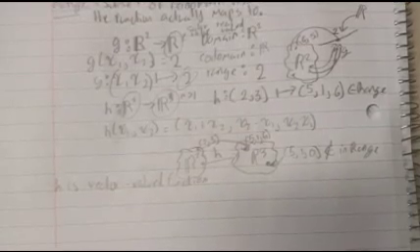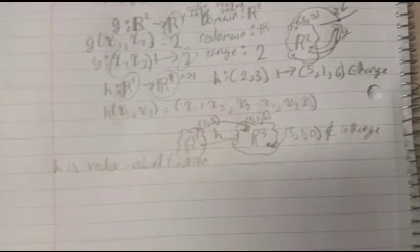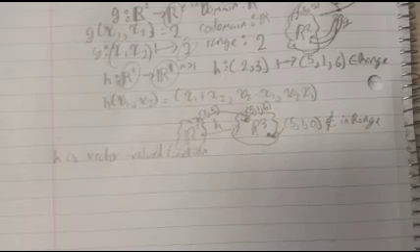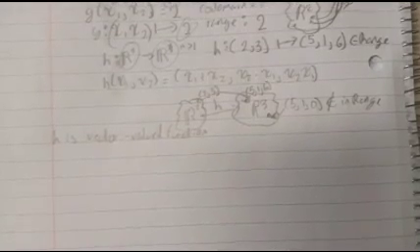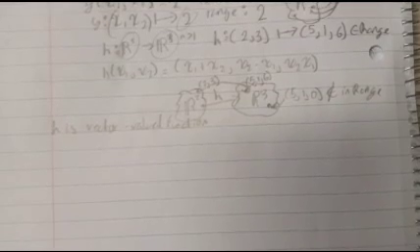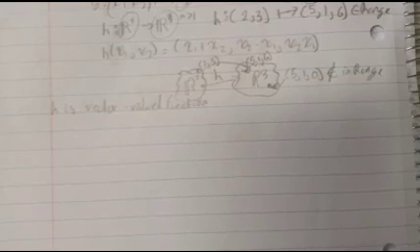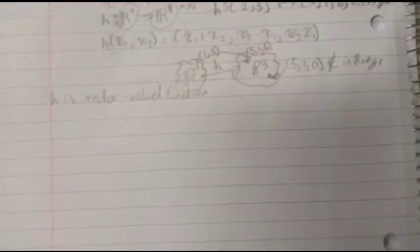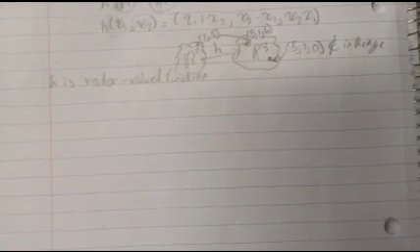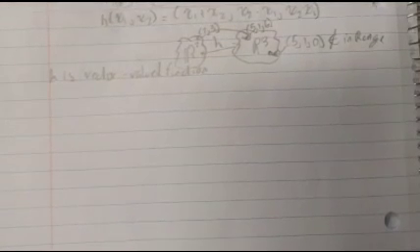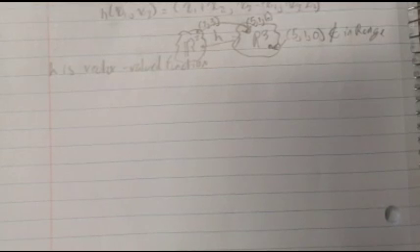Basically, f of x would be equal to the codomain, which is x squared on the other side, which would be 4. So the domain element 2 maps to the codomain element 4, which is where you get f of x, a more formal understanding of the function.